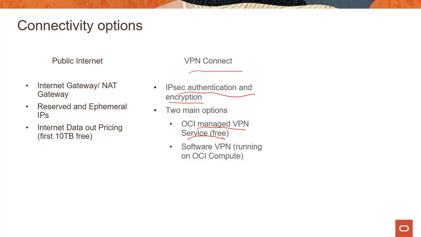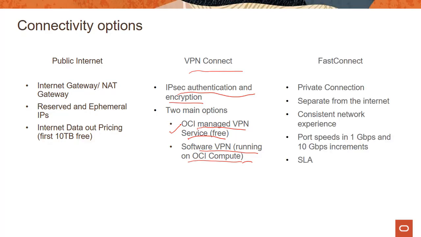So you really don't pay for anything except the underlying resources. And then the second option is you can run your own software VPN. If you have a Linux VM, you could install your own software like LibreSwan and you could run it yourself. But remember, the first option here, the OCI managed VPN service, is offered for free. It's a standard VPN between two different sites. One site being your Oracle Cloud environment, other site being your on-premises environment.